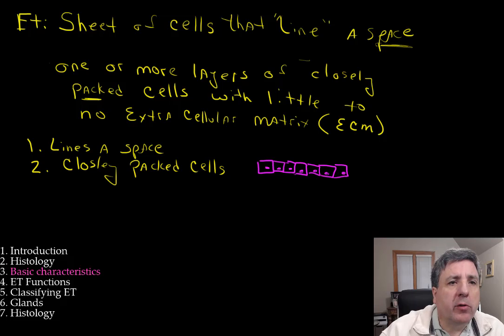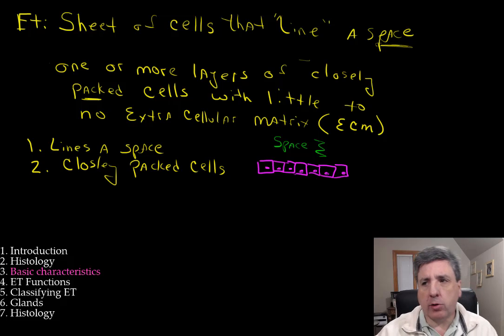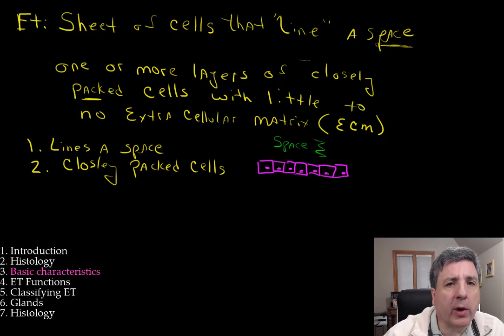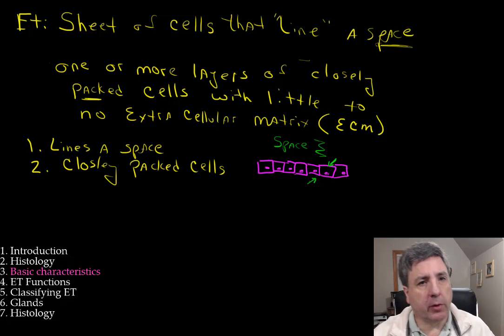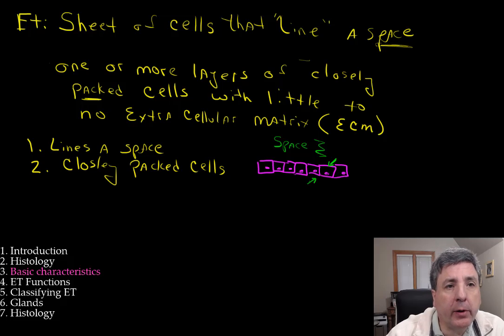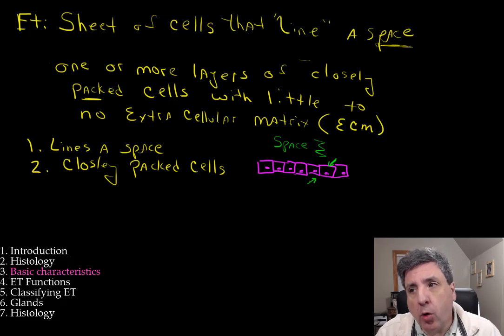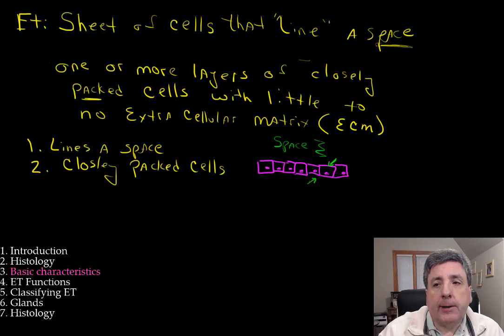So this would be space up here, all just extra space. This is going to be a certain surface layer, and this is going to be a certain surface layer. This area up here could be the inside of a blood vessel, lining a cavity, or covering an organ. We'll go into that a little bit further later on.